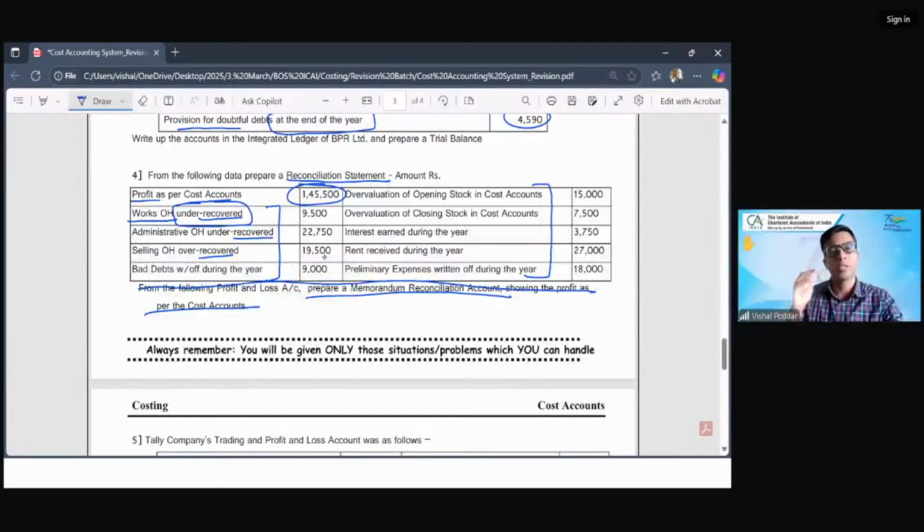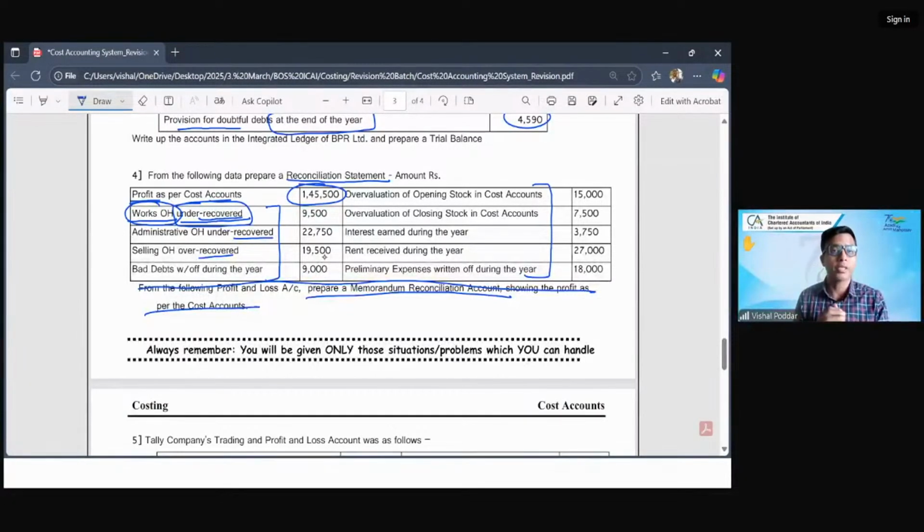So when the question says that this difference is representing works overheads, which are undercharged, under recovered, in that particular case, I have to understand that this expense, which is the works overheads, is less charged in cost sheet. Because as I said, this recovery, this absorption happens only in costing. So if they are saying undercharged, under recovered, it means in cost sheet, you have charged it less.